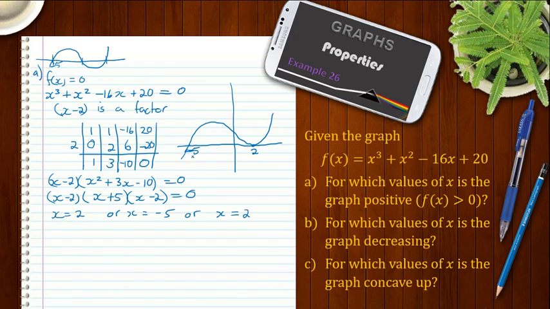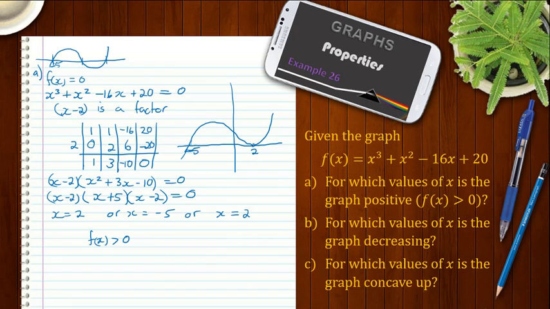So this is then our 2, and this is minus 5. Okay, and now if we have to see where f(x) is greater than 0, can you see that from minus 5, the whole graph is lying on top of the x-axis. So all of these values here are positive. But just be careful, because this says greater than 0.